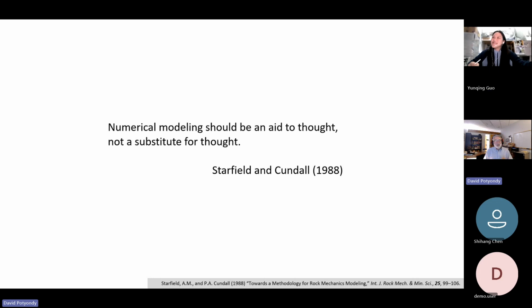And so these people at Itasca who are mining consultants use the PFC code and other Itasca codes extensively to try and investigate hypotheses that they make.